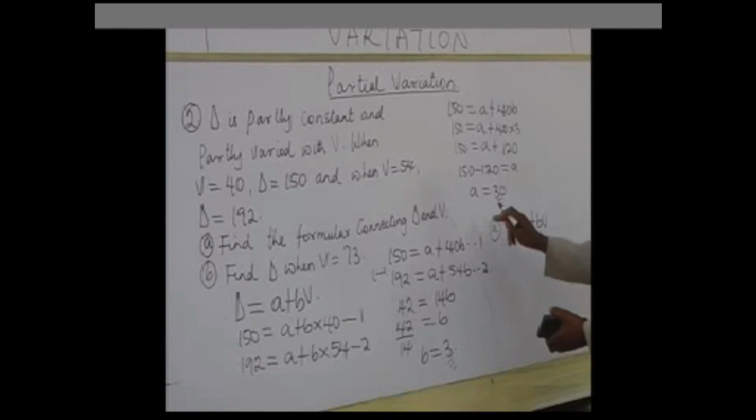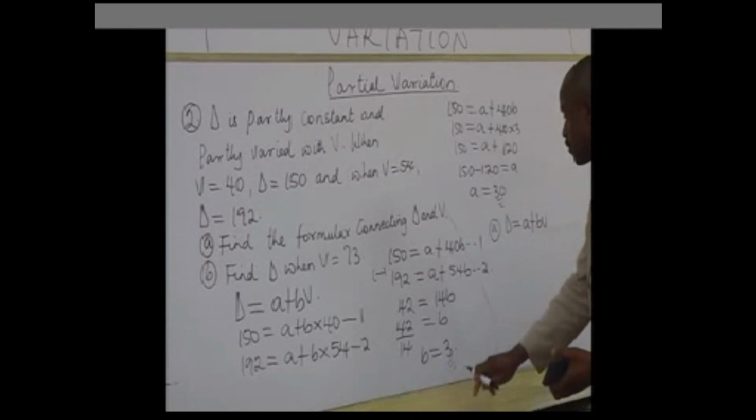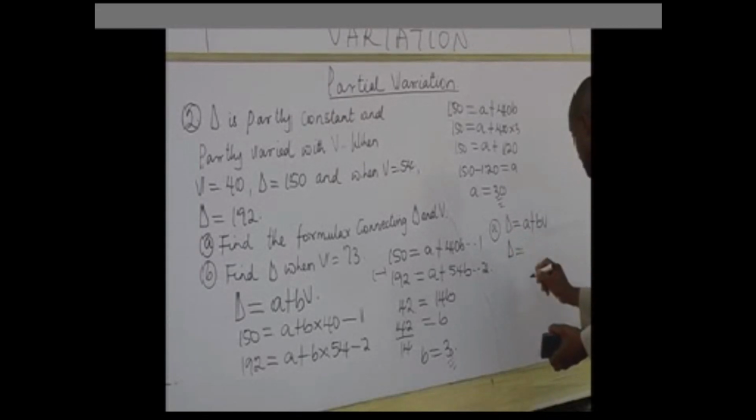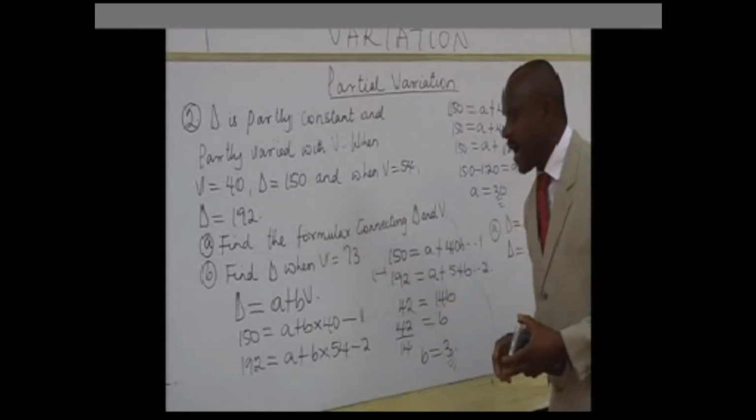We have discovered the value of A and B. Substitute them. Whatever it gives you is that formula. D is equal to A is 30, 30 plus B is 3, 3V. That is the equation or the formula question number A has asked for.